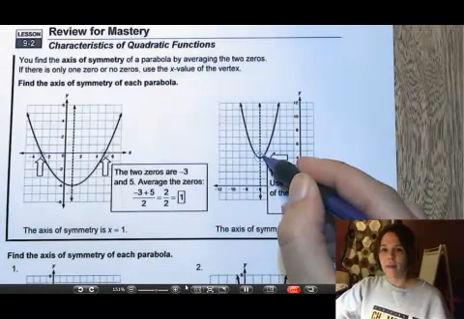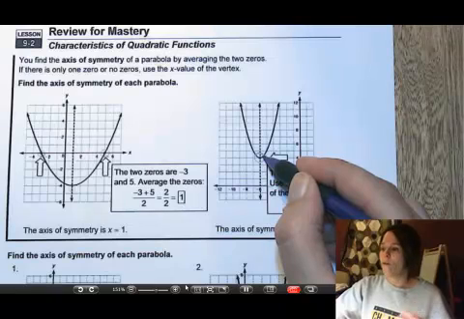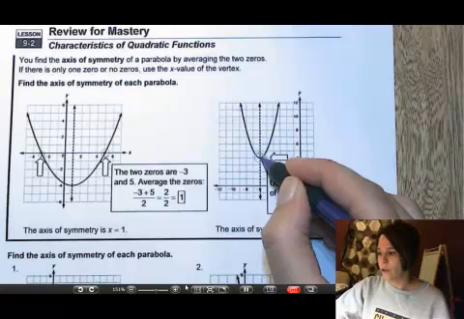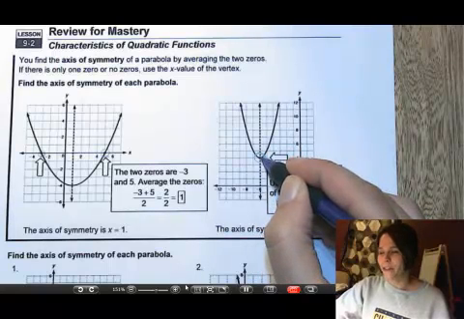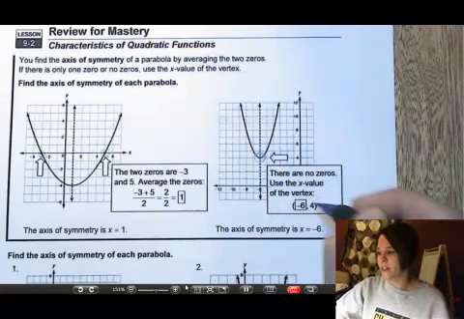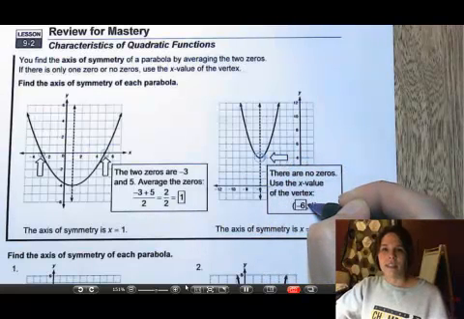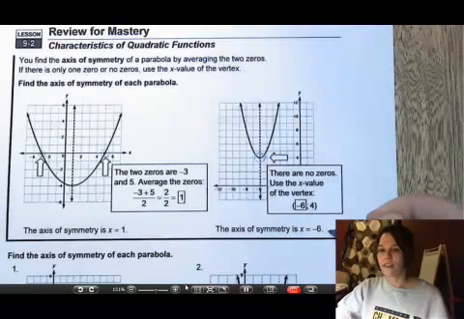So in this case, it's going to be the minimum, and then you just have to do your best to estimate whole numbers. And I think that this book is pretty nice about only giving you whole numbers for a vertex. And I really only care about the x portion of the vertex. So if I come down here, it looks as though the x portion of that vertex is at -6, so my axis of symmetry is the line x equals -6.